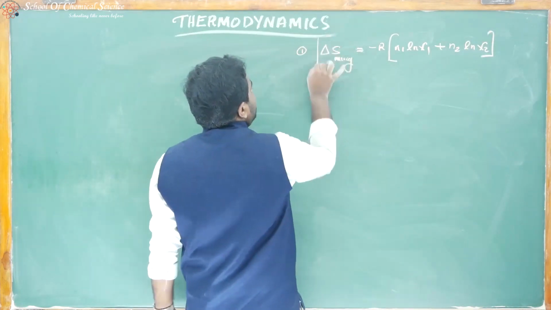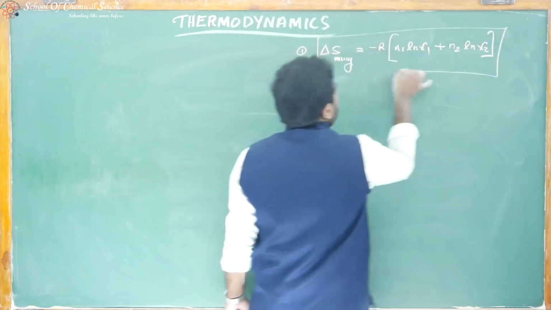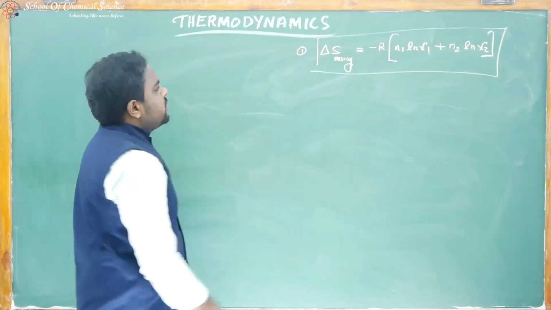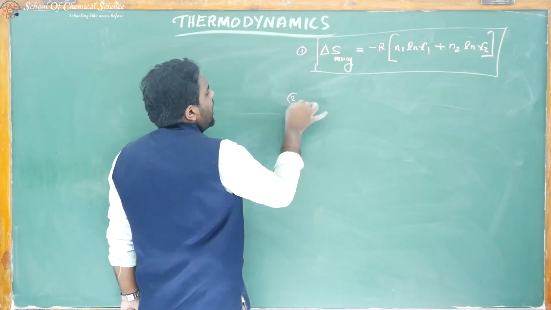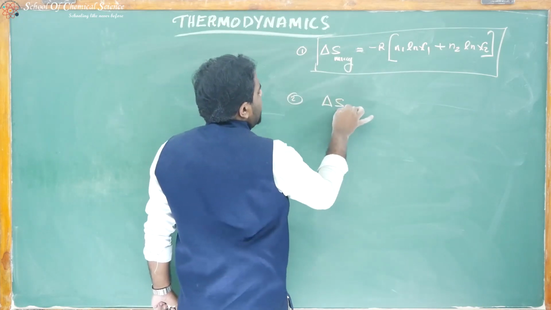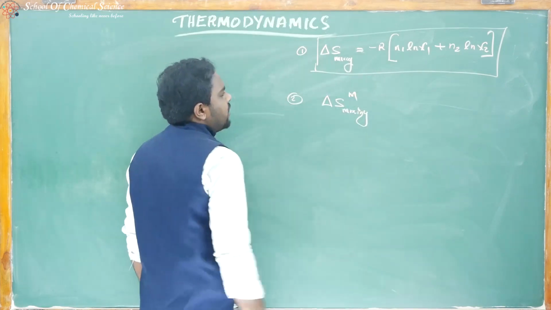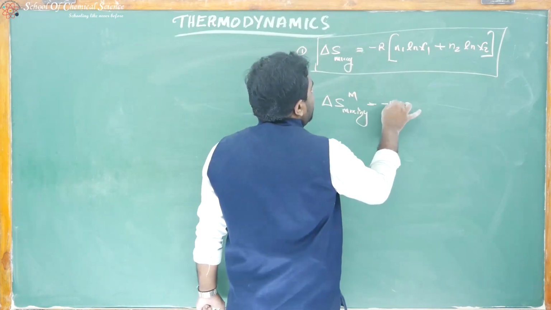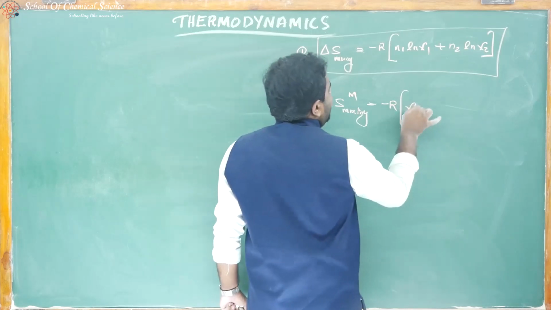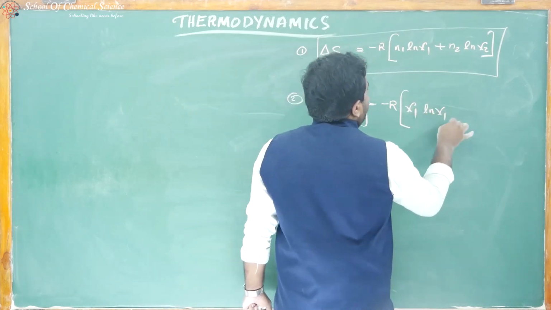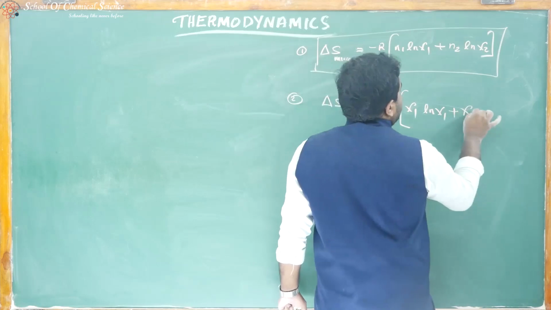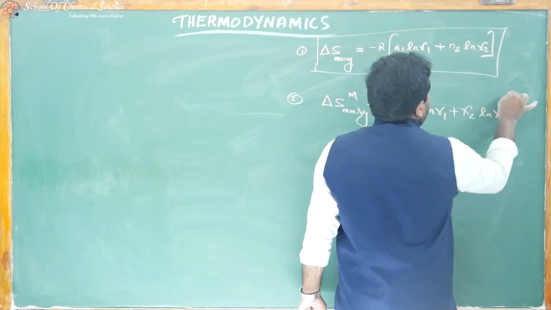This is the first equation. Second equation, molar entropy change for mixing: delta S mixing molar is equal to minus R of chi1 ln chi1 plus chi2 ln chi2.